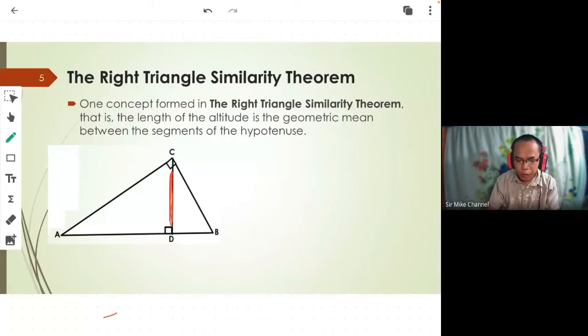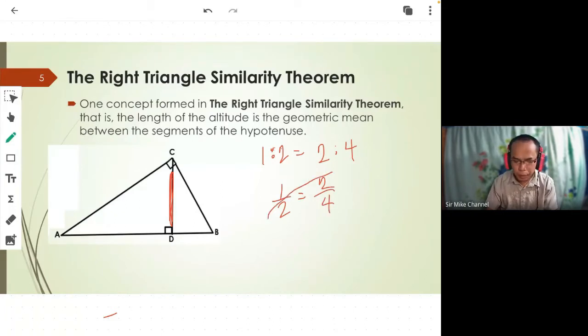Let's say, example, 1 is to 2, equal to 2 is to 4. Ayan, so they are same value, or 1 over 2 is equal to 2 over 4. Ganyan po yun. Or, kaya tawag na, ano yung geometric mean? Ito yung geometric mean na tinatawag natin, yung same natin. So, ito yung 2. So, between the segment of the hypotenuse.